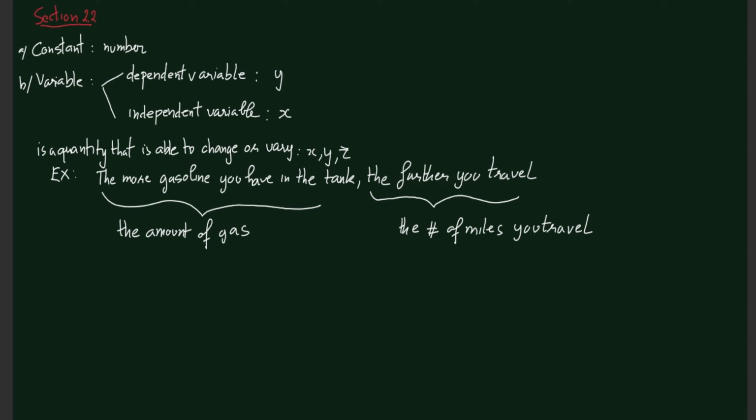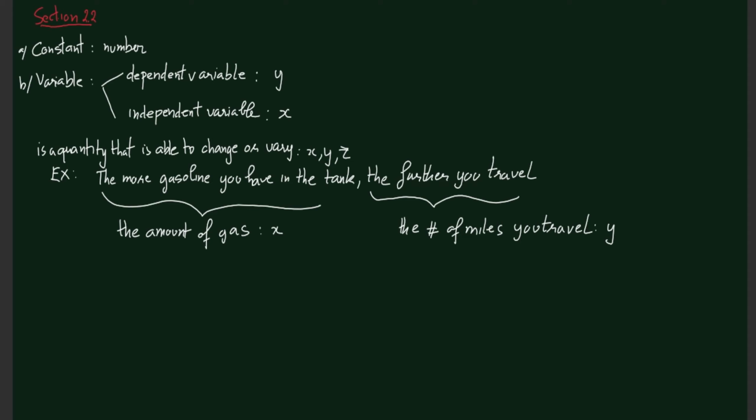The number of miles you travel depends on the amount of gas. So I know that over here this is Y, and this is X, because this is independent.